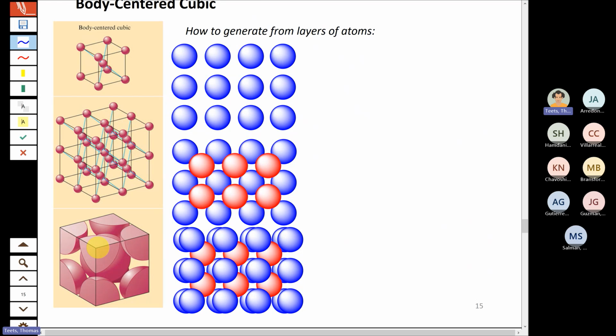So you open up the structure a little bit. If you think about it in terms of the layers, you have to start with a layer of atoms that has a space in between. So to generate a body-centered cubic structure, you have to leave a space in between the atoms so you're able to fit one in the middle.